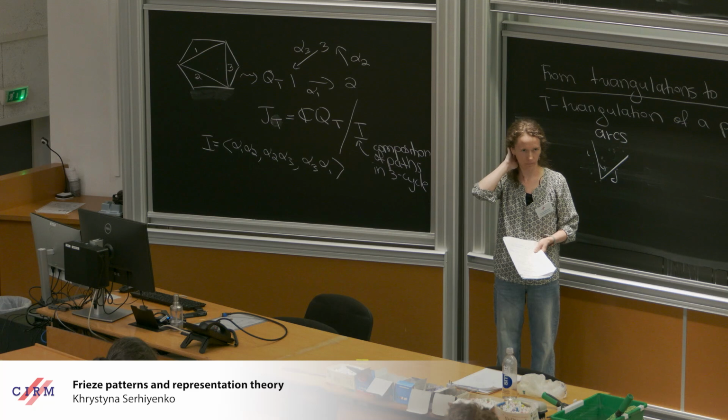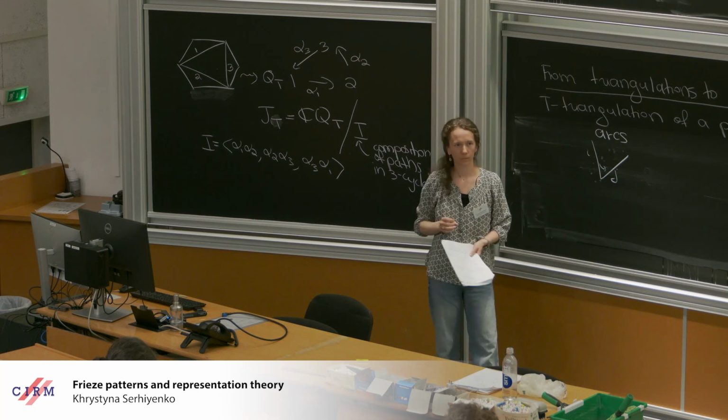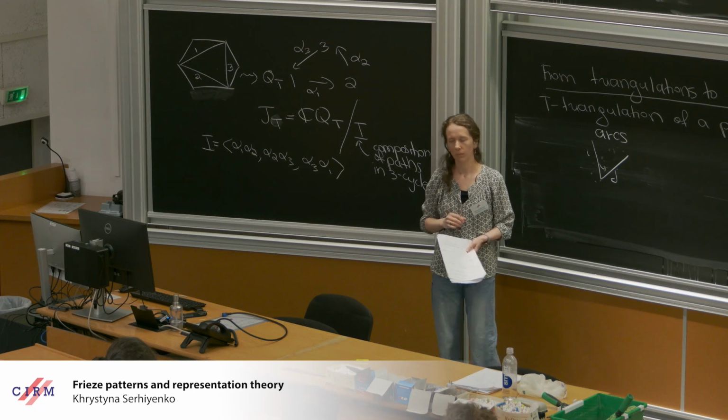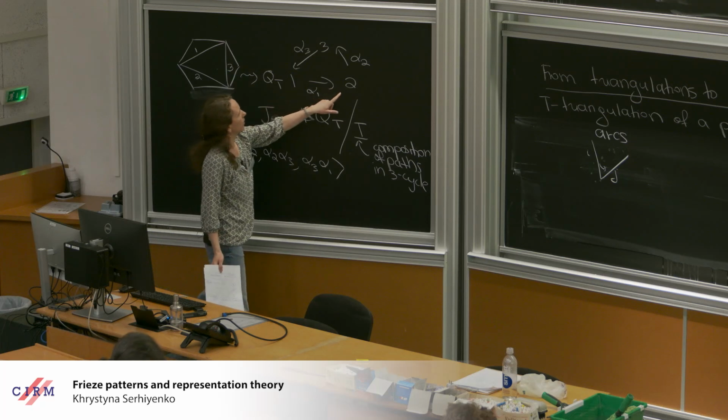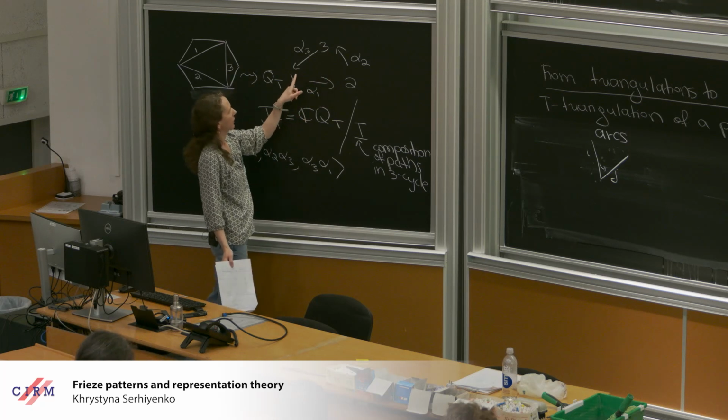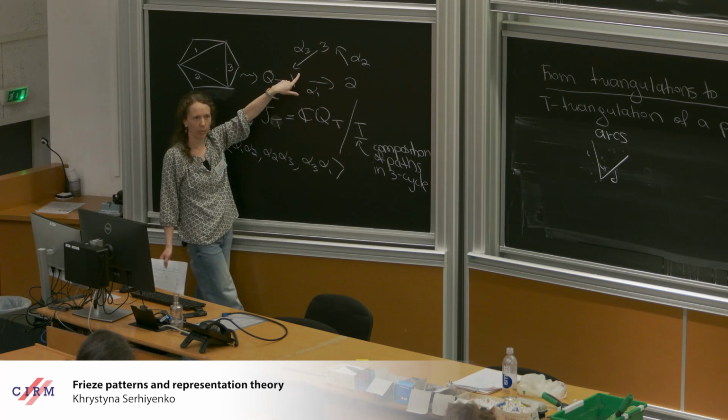Maybe my question is, what's the definition of composition of paths in a 3-cycle? If I do alpha 1 alpha 2 alpha 3, this is an element in the path algebra, and in the quotient it becomes 0.